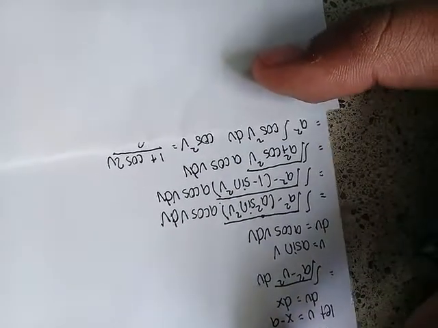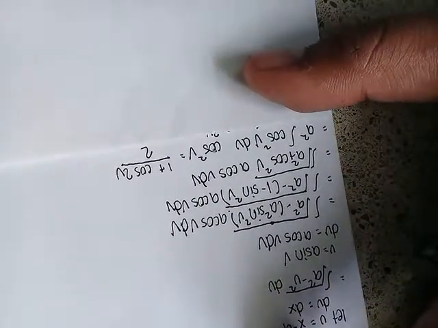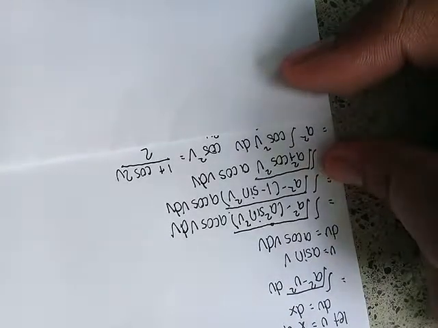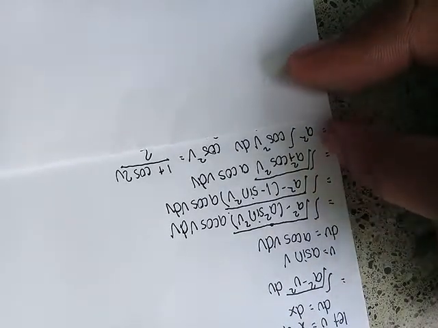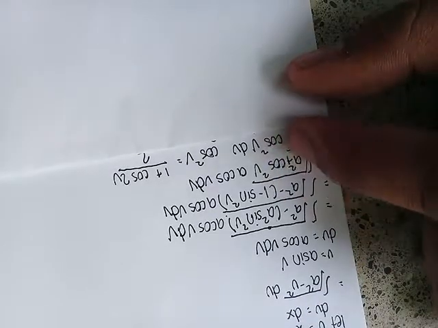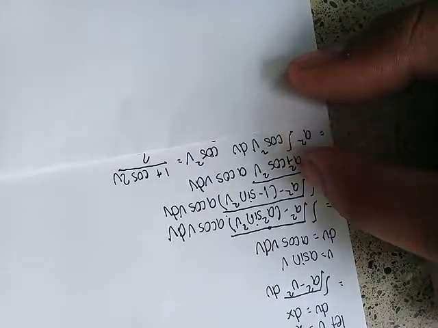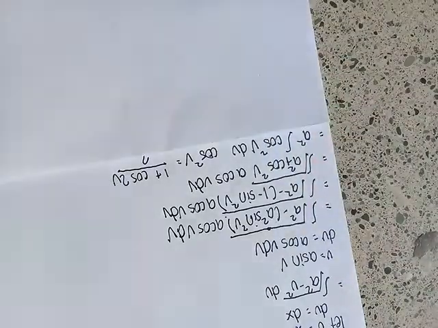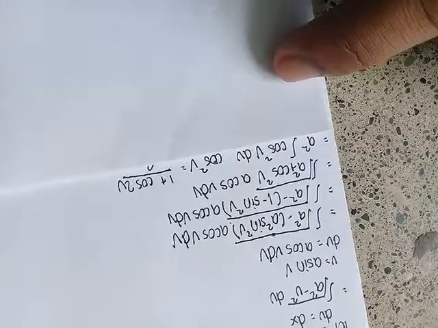And then next we will take the constant. So we know that a squared is the constant here, so we will take the constant out, then write the remaining values here. So integral of cosine squared v dv.